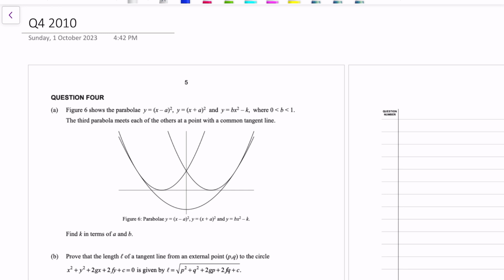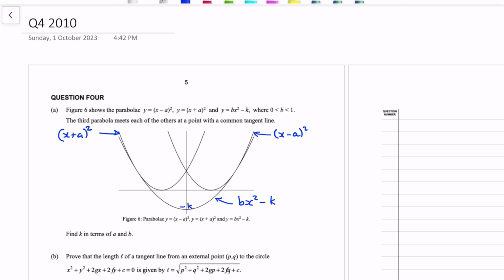It doesn't really matter, but if a was positive, then the right parabola is (x minus a) all squared, and the left parabola is (x plus a) all squared, and then the one in the middle is the one that's been shifted down by k, bx squared minus k, where b is a positive number, so therefore it's opening upwards, and k must be a positive number as well because it looks like it's been shifted downwards. So this position here is minus k.